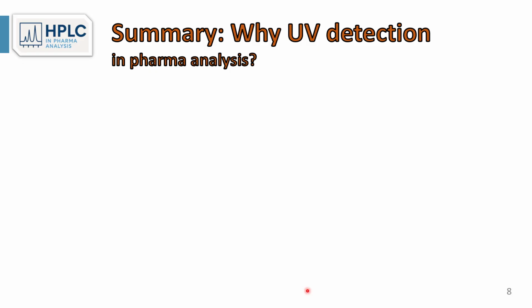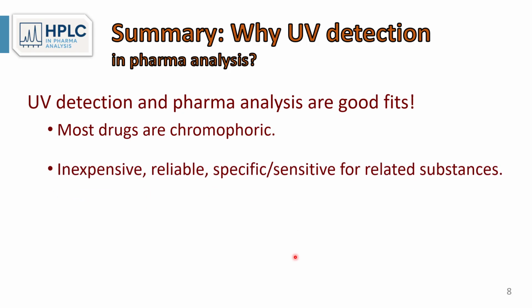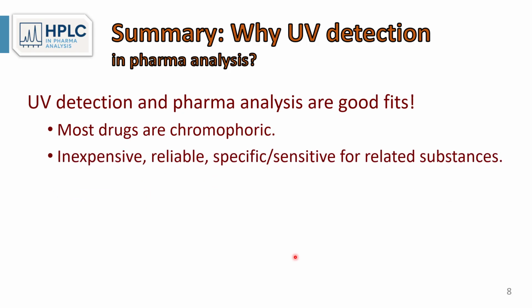In summary, why is UV detection required in pharmaceutical analysis? Because UV detection and pharma analysis are good fits. Because most drugs are chromophoric. Also, the UV detector is inexpensive, reliable, and both specific and sensitive for related substances.